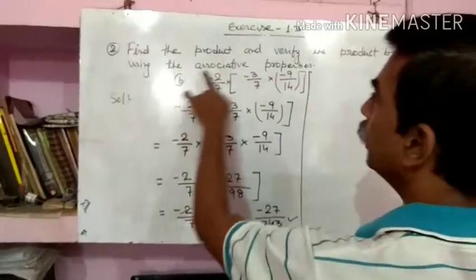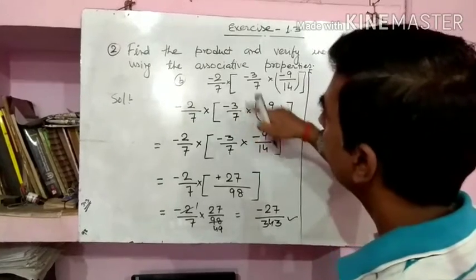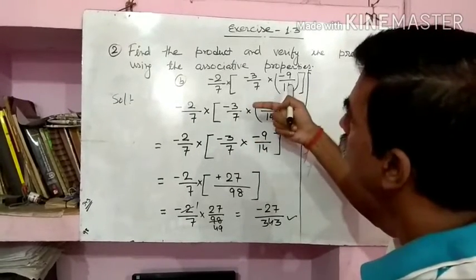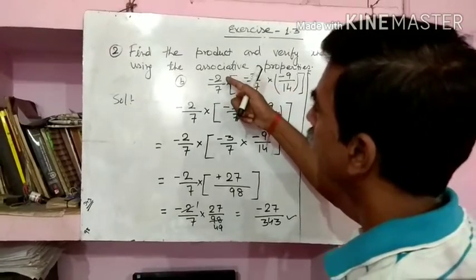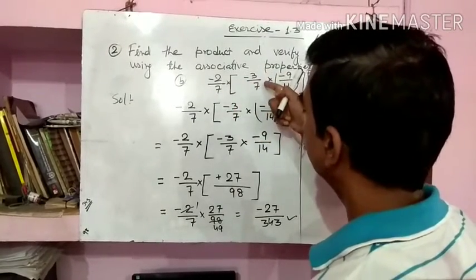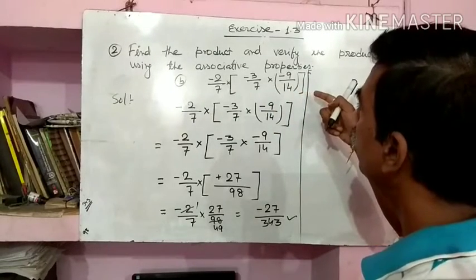Okay, but the other part of this question is saying to verify the product by using the associative property. The associative property says that if three rational numbers are in the form of a product, say a by b, c by d, and e by f, then you can group them in any order.